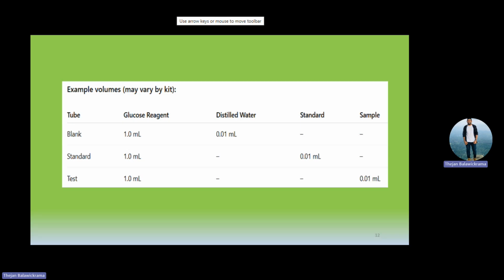In another, glucose reagent and standard glucose solution. And our real blood sample, glucose reagent and the blood sample. Those are 3. Whenever we hand over a blood sample, these 3 are being done.